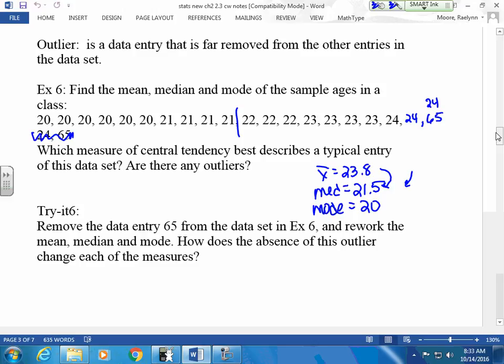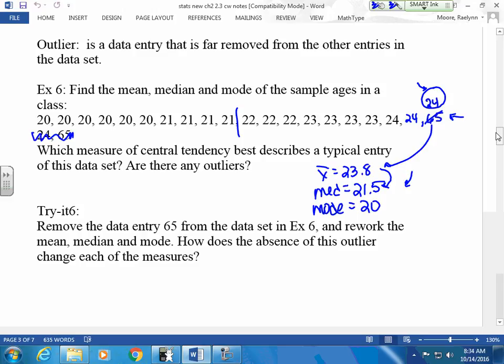Now this is what I want you to do. I want these three rows right here to calculate the mean, and you can just do the mean by putting them in and adding them using this original data set. Well, okay, take this back. We already know this one. So, everybody calculate the mean, replacing a 65 with a 24.